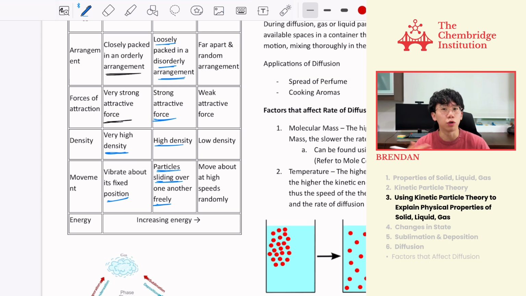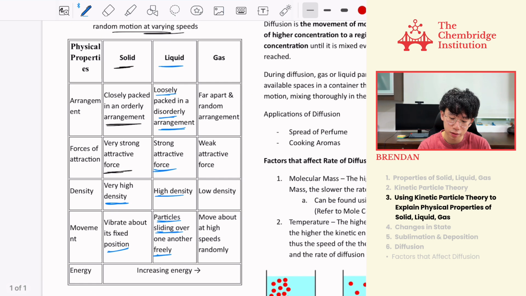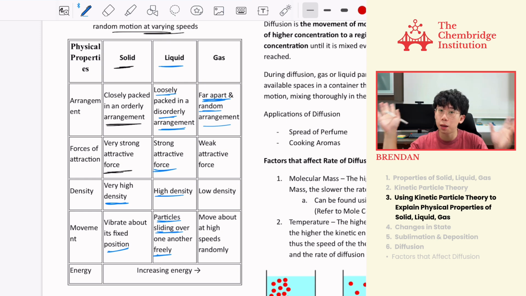Now, how does this compare to a gas? Gases are more far apart and have a more random arrangement of particles. This is expected because they don't have a fixed shape or a fixed volume, so the particles are definitely far apart. The attractive forces are definitely the weakest compared to a solid or liquid.